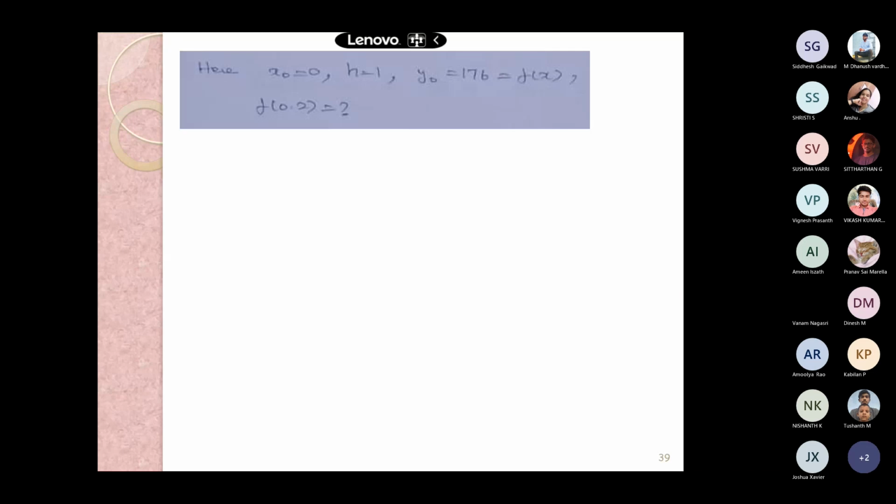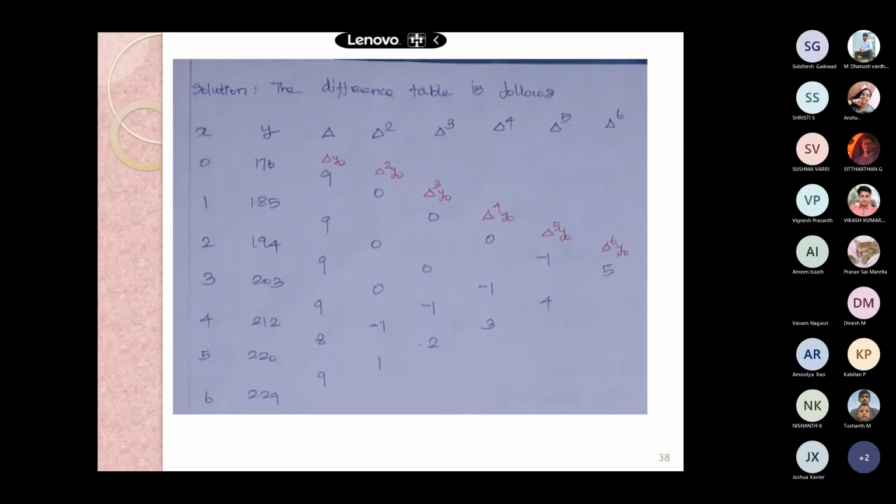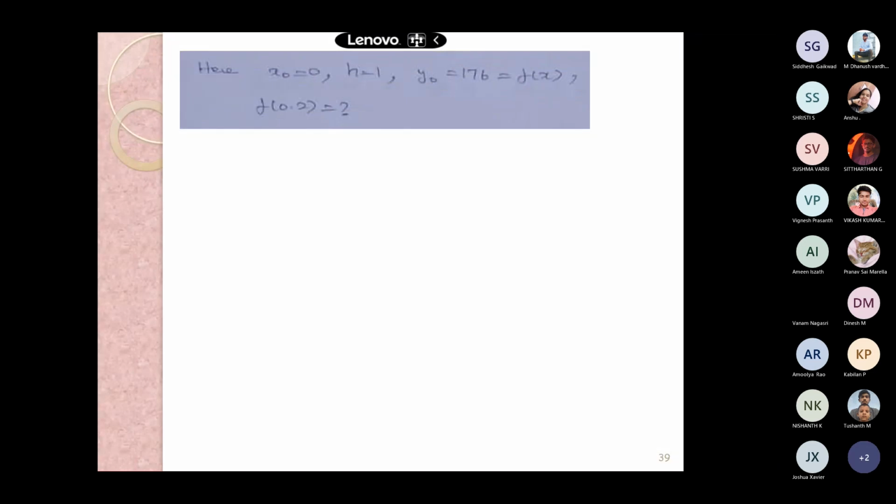Now tell me, this is the given data. The first x value is x naught, the difference between the x values is h equal to 1, and y naught is equal to 176, which is f of x naught. The required value is f of 0.2, as asked in the question.